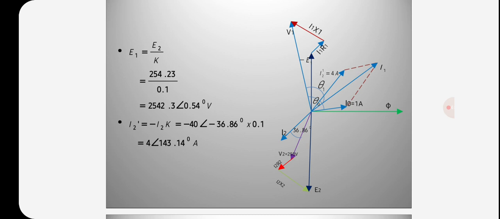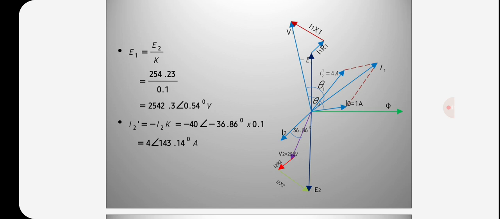So I2 dash is equal to minus I2 K, that is equal to minus 40 angle of minus 36.86 degrees into 0.1. So that will be 4 angle of 143.14 degrees ampere.